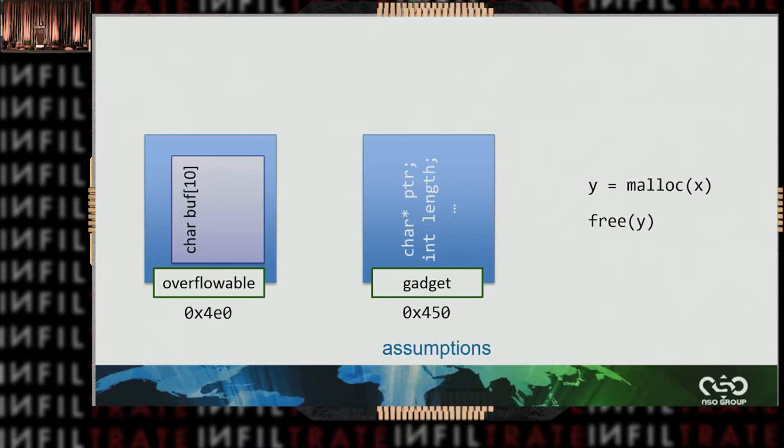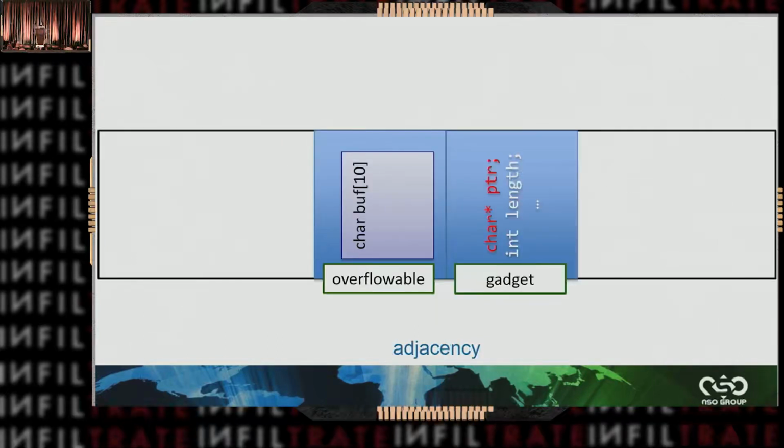We've also got the ability to free any of these allocations at the time that we want with a different application trigger. Lastly, by performing a certain operation on the gadget object, we have the ability to determine whether or not it has been overflowed.